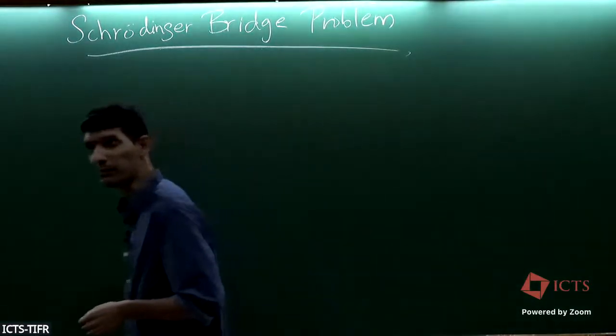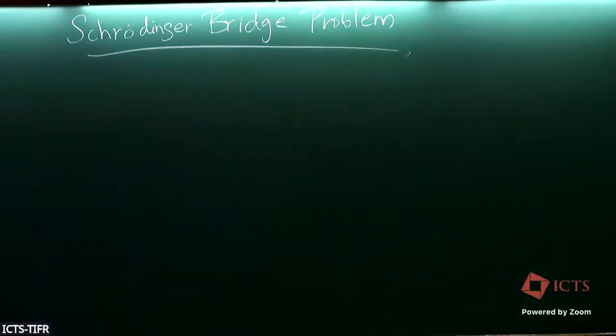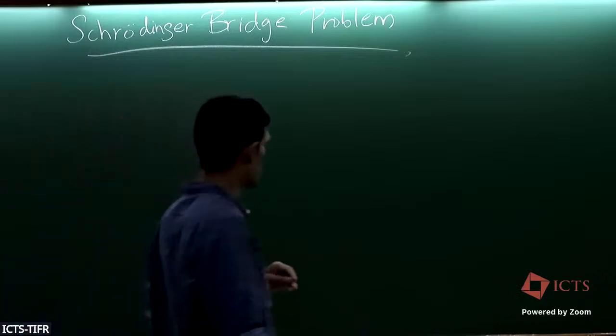This was from a paper from Schrödinger in the 1930s, almost 100 years ago. It kind of fell into oblivion for a long time, but it's gotten a revival recently, and it's relevant for a few different applications that are relevant for the theme of this conference.